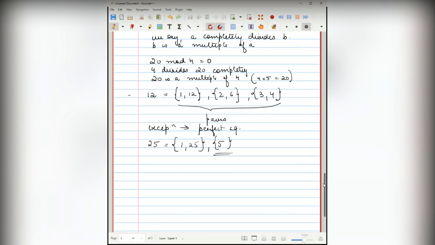You're putting 1, 25 and then 5 square here. So that is also accepted. This is an exception, because in perfect squares, 5 is one such factor which will multiply by itself to get 25, right? Correct. So only in the perfect squares, one element will be left. Let's say these are elements 1, 2, and 3. So one will have only one element. Otherwise, all the elements will have two elements each.